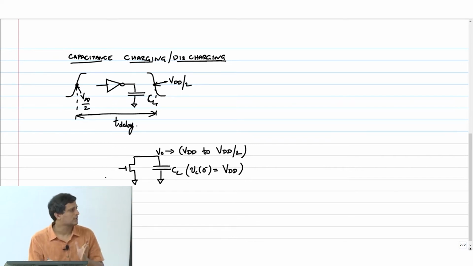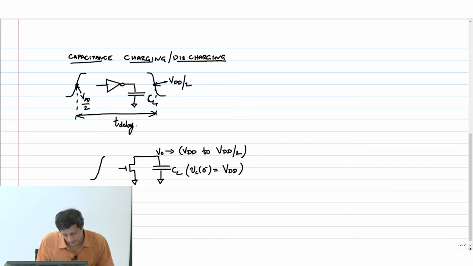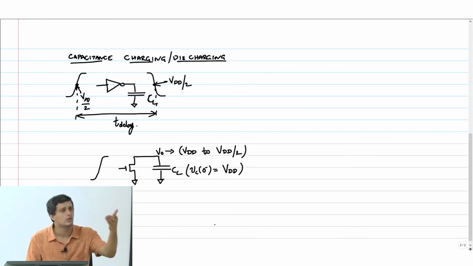Now we have to make some assumptions to simplify our analysis, otherwise it becomes very difficult. So for example, if the input is going to rise slowly like this, then that delay becomes a little hard to handle, right? If it becomes a ramp function, then I have to see when the device turns on, when it goes into linear, saturation, all that. It's very painful to do that.